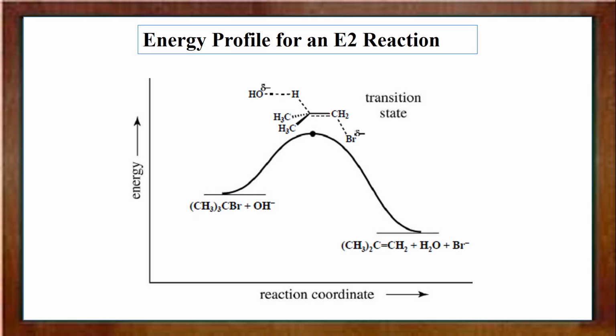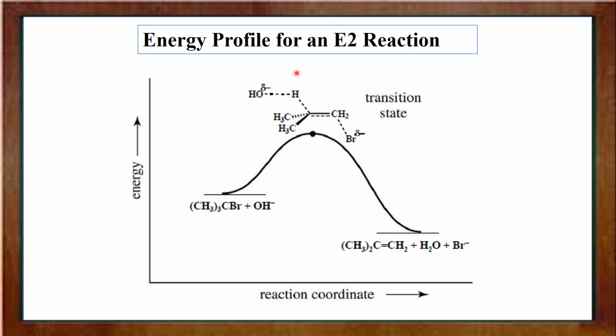This is the energy profile for an E2 reaction. In this reaction, the substrate is approached by the base, leading to a transition state like this, where the carbon hydrogen bond between beta carbon and hydrogen is broken. The hydrogen is gradually removed by the base, and as H plus is moving out, these bonded electrons are moving between the two carbon atoms, and that pushes out the bromine as bromide.